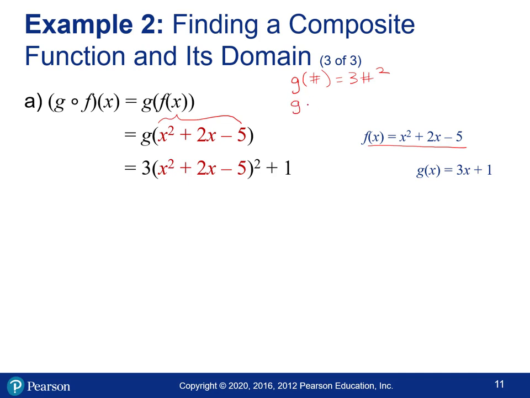Just like before, if I had g of smiley face, I'm going to put the smiley face where there used to be an x in my function. So on this one, we're saying g of x squared plus 2x minus 5, taking the place of the x in the parentheses there.